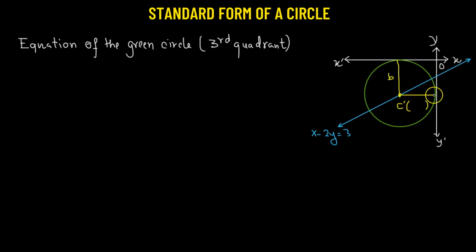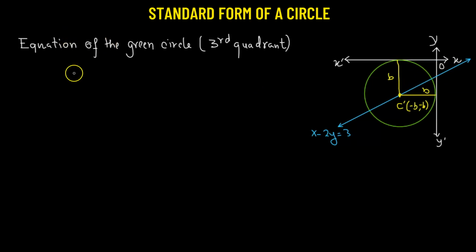Then similarly, we can drop another perpendicular from the center to the y-axis. That is also going to be the radius, with a length of b units. Now we can immediately define the coordinate of the center. That's going to be (-b, -b). Both of them are negative because we are in the third quadrant, where the x as well as the y-axis are negative.